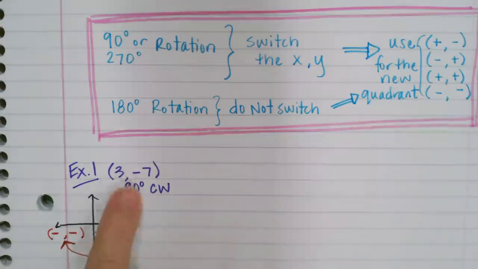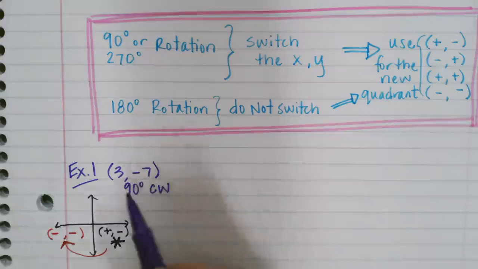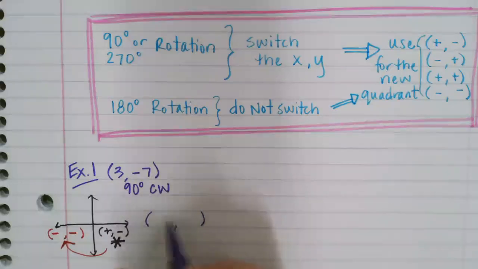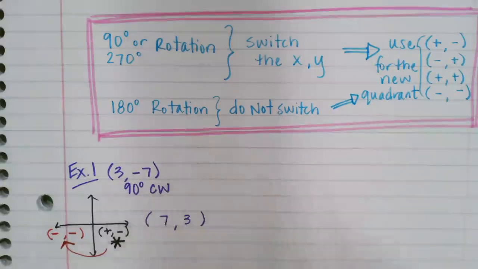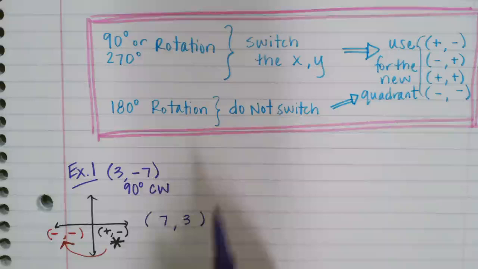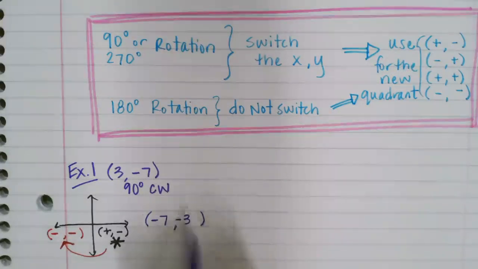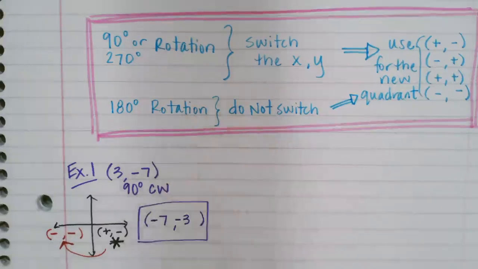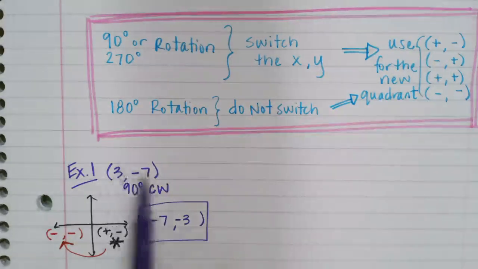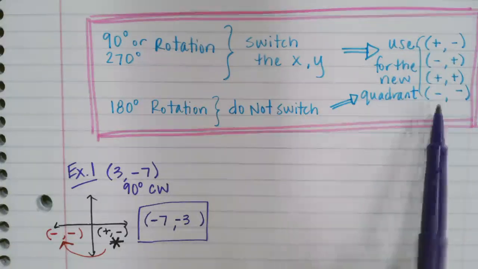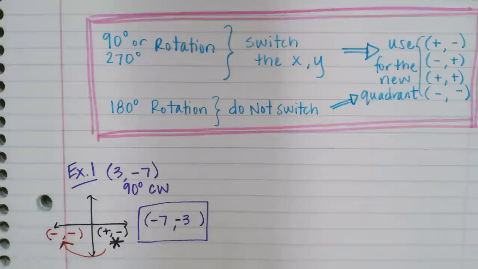So if this point started at 3, -7, the first thing I'm going to do is switch the 3 and the 7. And since I'm going from positive, negative to negative, negative, I know that those are going to be the signs of my new point. So I switched the X and the Y numbers, and then I had to use the ordered pairs for my new location.